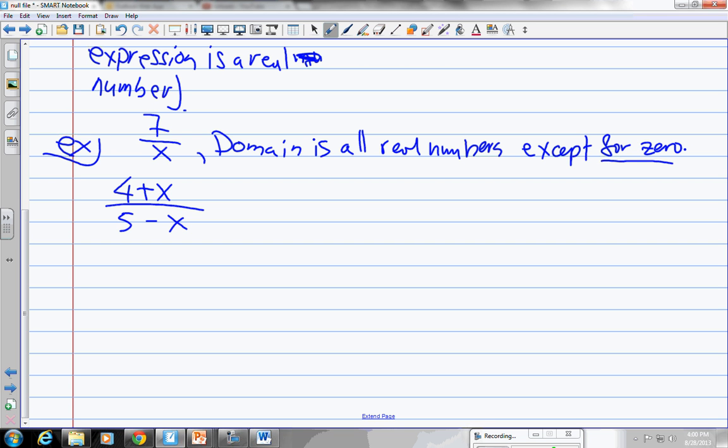But as long as x is not equal to 5, we're good. Because when x equals 5, this expression makes no sense. Okay, good.